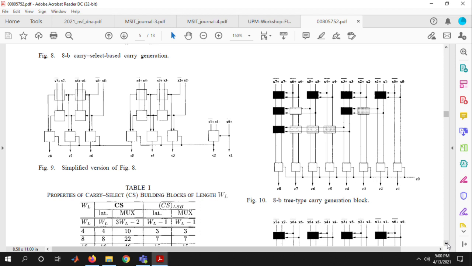We have talked about this kind of thing before. In a tree design, C0 is used as a control signal to compute C1, C2, C3, C4, C5, C6, C7, C8, and we have these computations here.